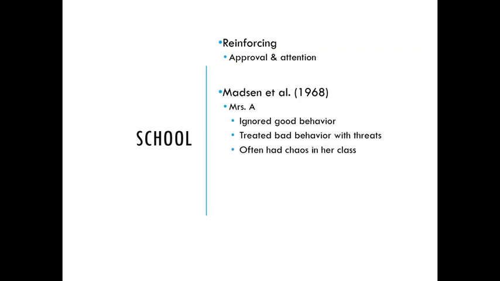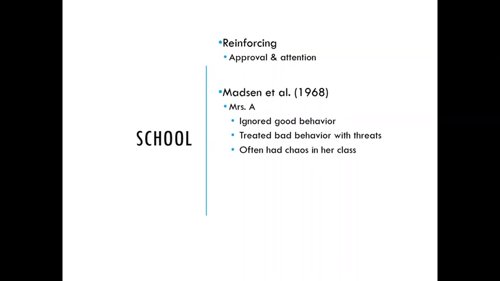A study done in 1968 looked at a specific classroom, a teacher named Mrs. A, who often ignored good behavior, as many teachers feel that they need to do, in order to focus on treating bad behaviors, where she would threaten students who misbehaved with threats.